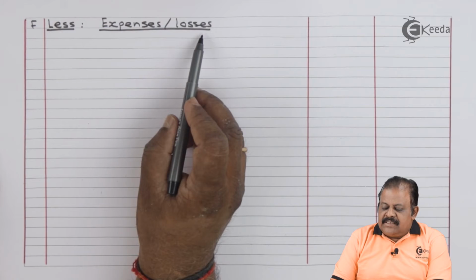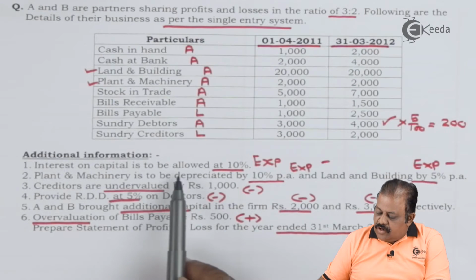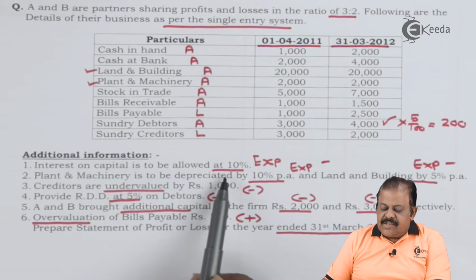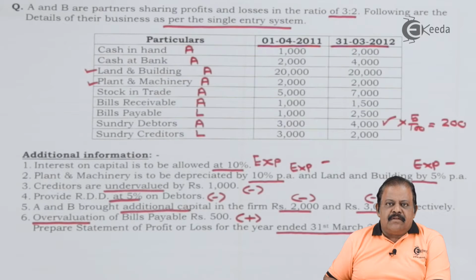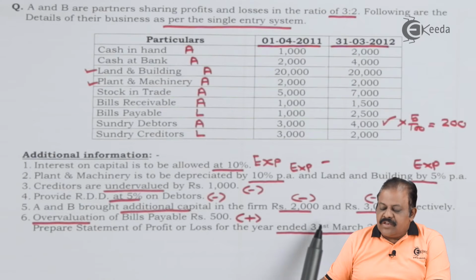Less expenses and losses. First adjustment, interest on capital 10%. Here we are required to provide interest on opening capital, as dates of additional capital introduced are not given.